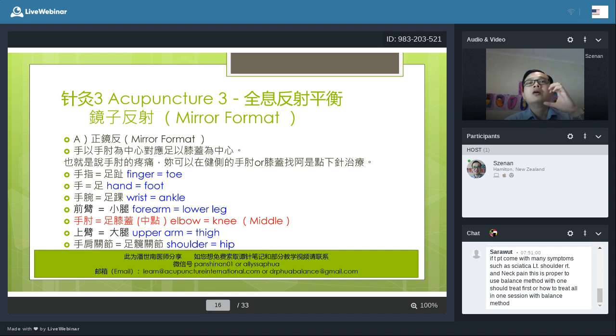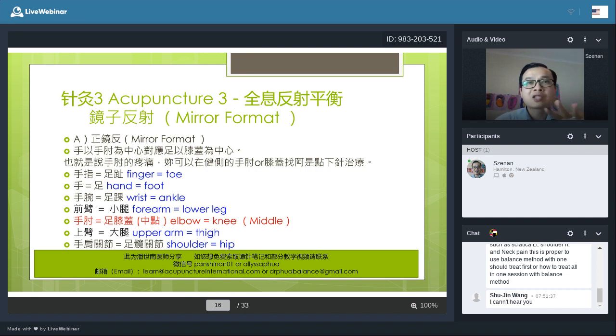Now, a mirror format, you really want to know to find out the first thing is the center point, the center joint. Okay. Please don't ask question first.